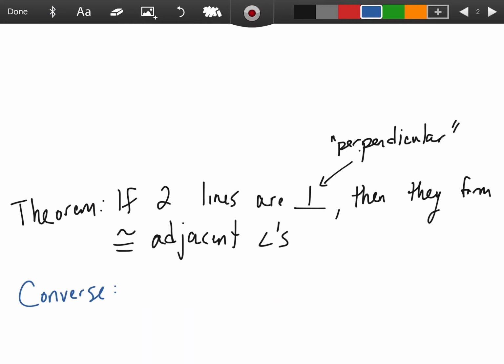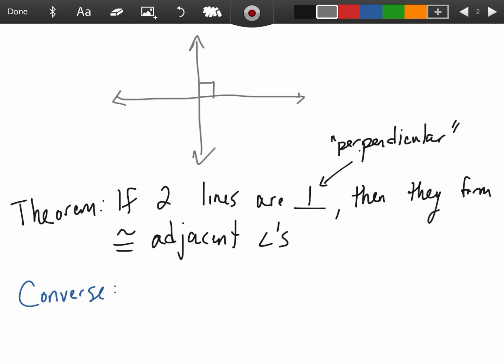So the first theorem that we have is if two lines are perpendicular, and that's the symbol for perpendicular again, just if you want to see it, then they form congruent adjacent angles. Well, that makes total sense, right? If we draw two lines that are perpendicular to one another, we know that they make four right angles or 90-degree angles.